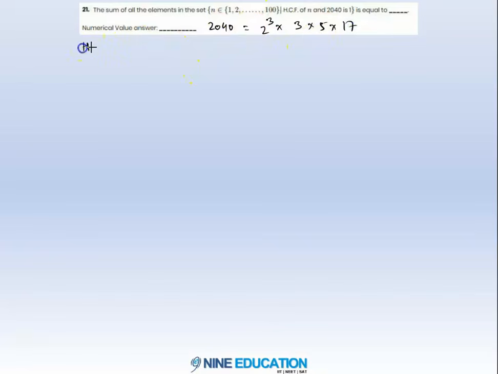So if we want HCF of n and 2040 to be 1, then the element n should not be a multiple of 2, 3, 5 and 17. So I'm not taking the sum of even numbers, because then 2 will be coming into picture. So definitely in the required sum we have to take 1, 3, 5, so on till 99.